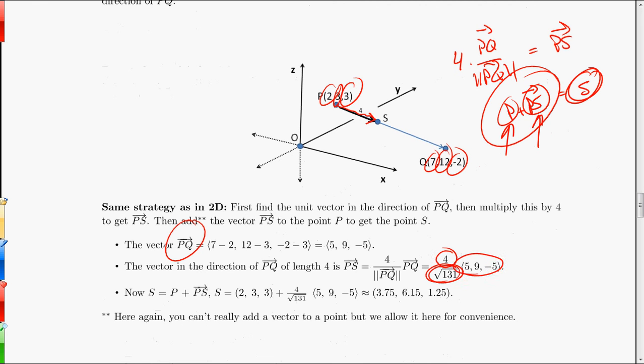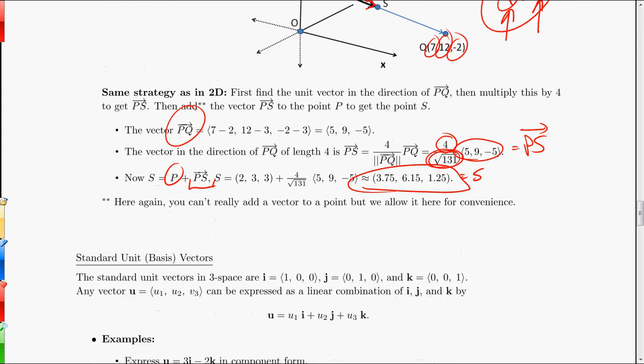So this is that vector PS. Now I just take P plus PS, and I get that point. So there's S. This is the point S. Easy stuff when doing vector math. Much harder if you're trying to define this with lines and things like trig. Easy to do with vectors.